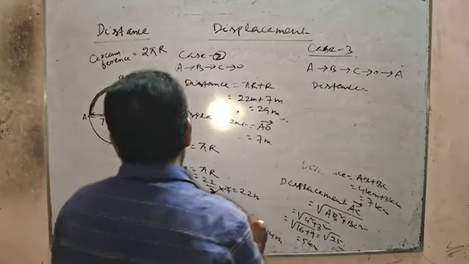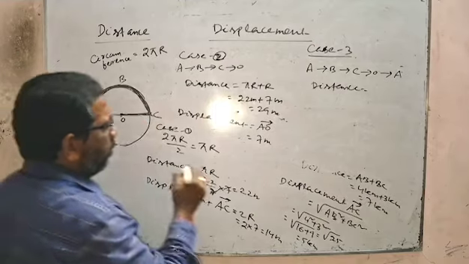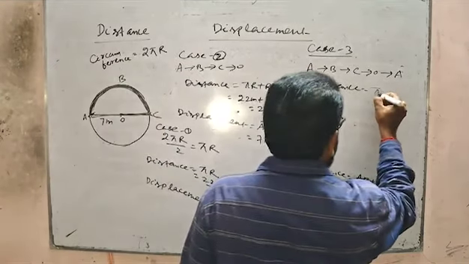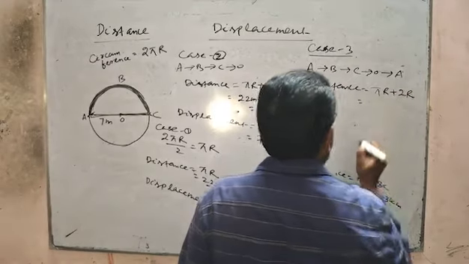Distance covered is equal to pi r plus the diameter 2r. Diameter is equal to twice the radius.